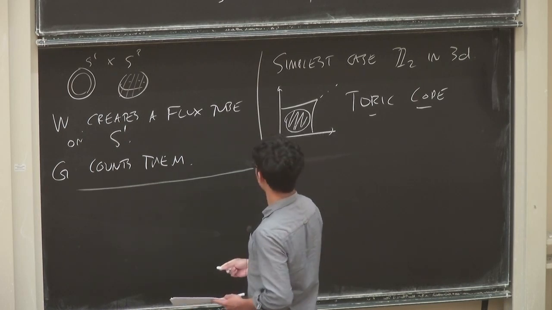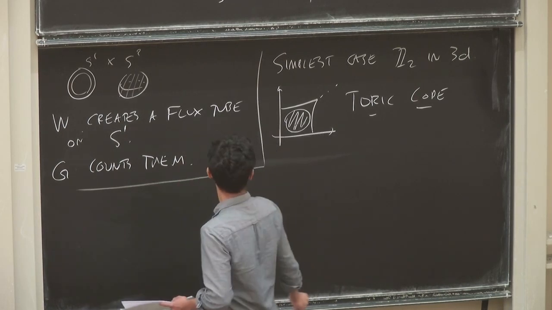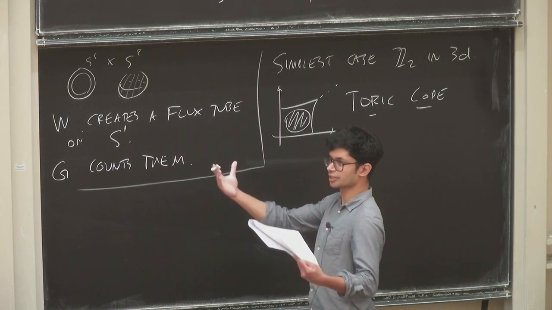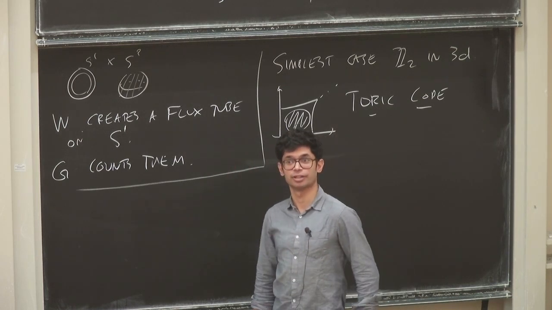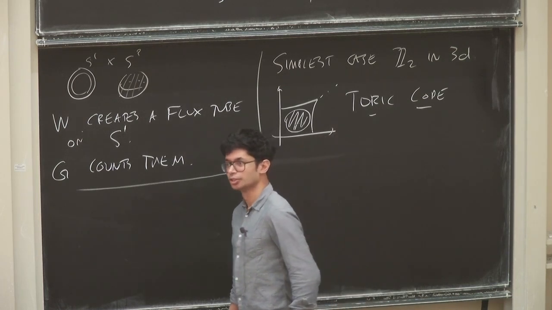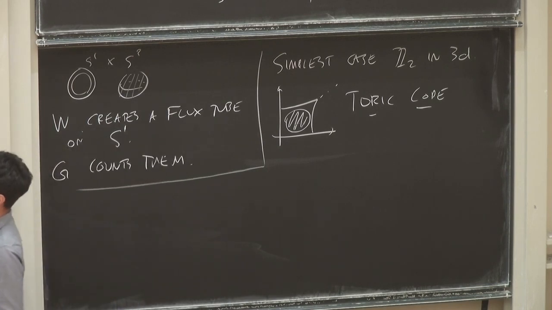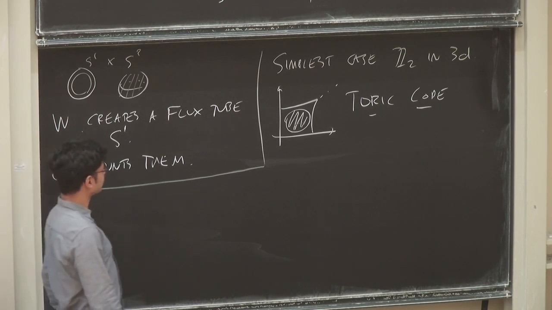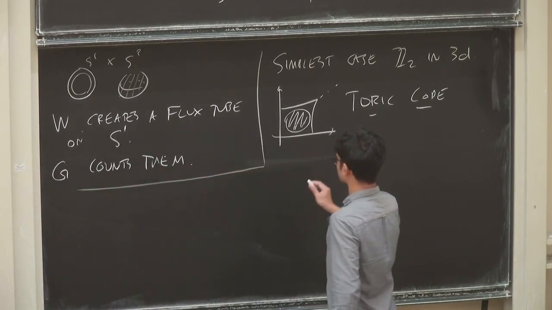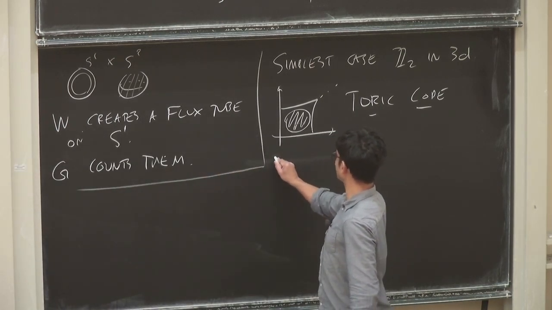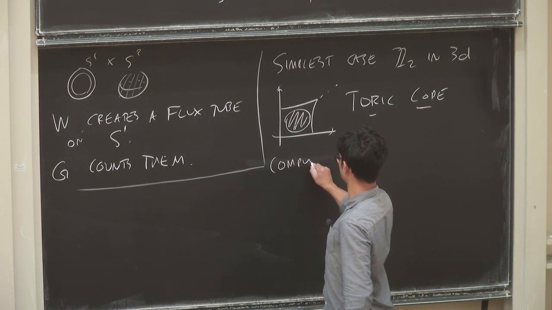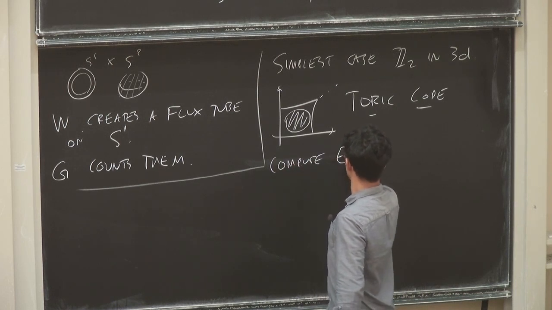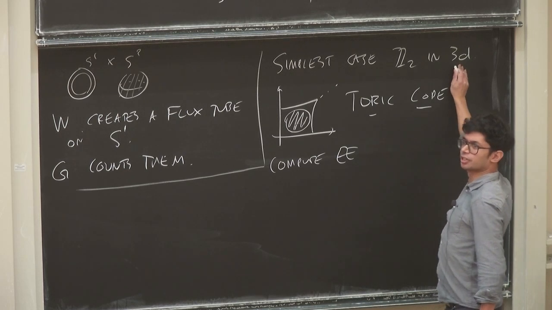And now I want to also make some contact with the other set of lectures that we have on entanglement entropy. So you might ask, is there a connection between topological order and entanglement entropy? And it turns out that there is. So let's consider computing the entanglement entropy. Let's do it in a 3D system so I can draw a simple picture.